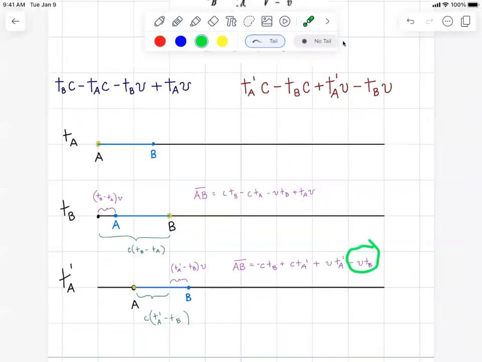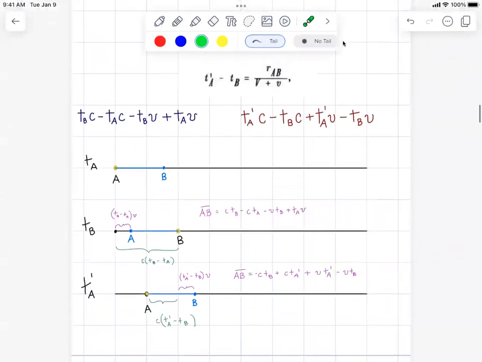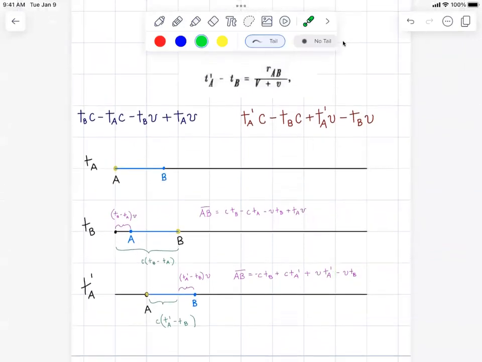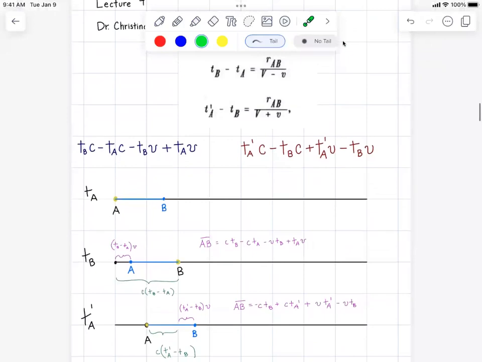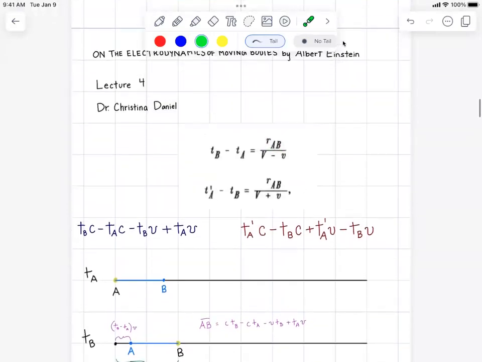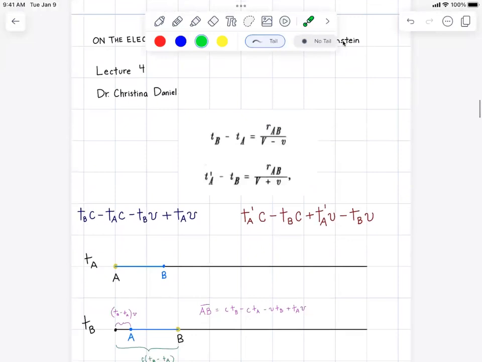So they are exactly the same, which is rather great that we have verified these two equations, because AB is the same thing as RAB, which is the length of the rod that is moving as viewed from the stationary frame, or the length of the moving rod in the stationary frame. So we have verified these two equations.